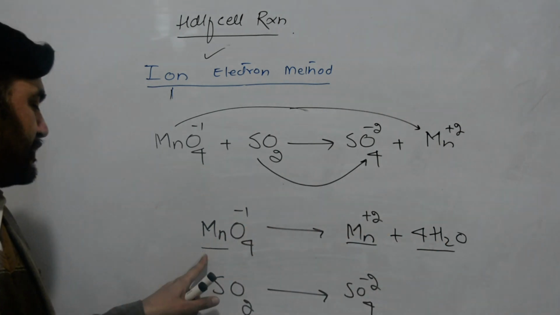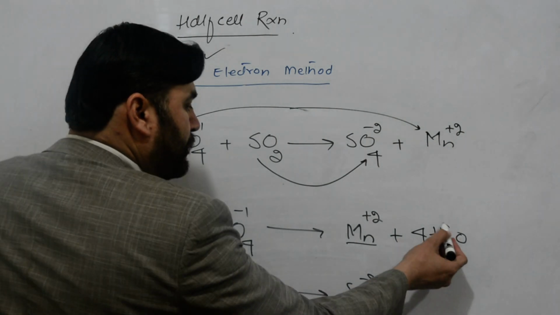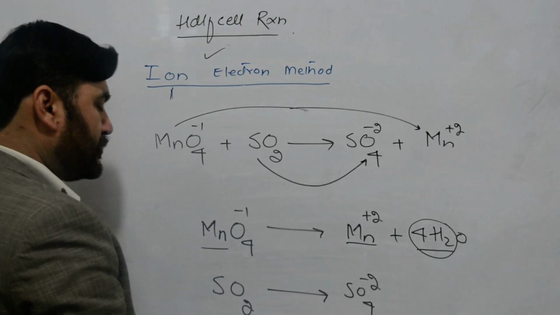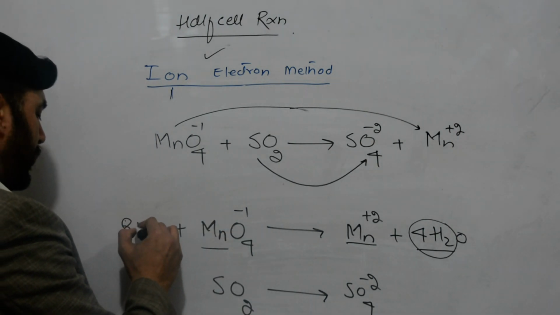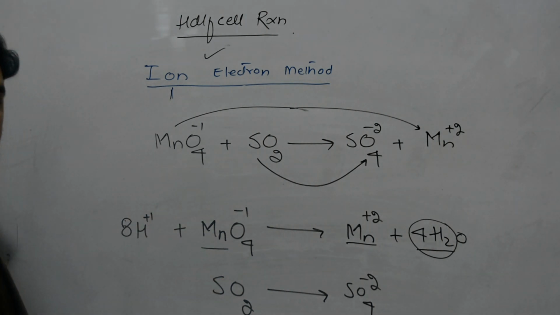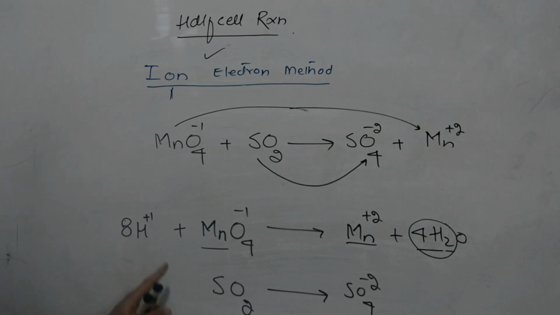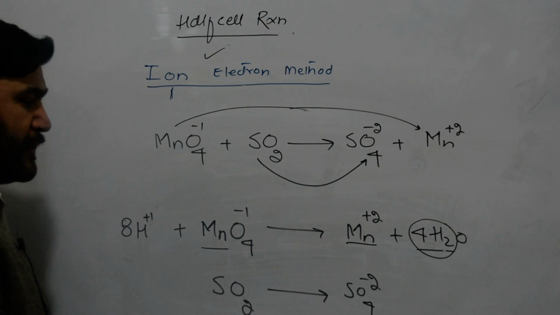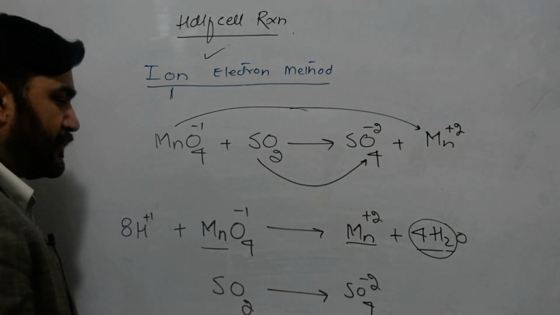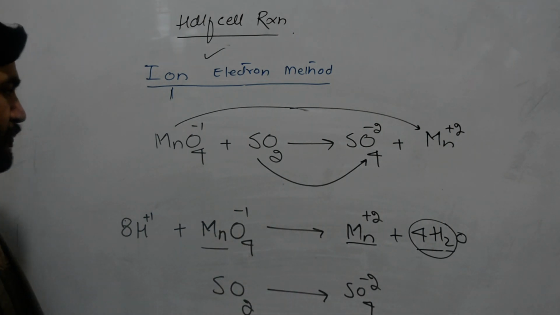Now on the left side there is no hydrogen, so we can add these 8 hydrogens on the left side in the form of hydrogen ions. Now hydrogen is balanced, oxygen is balanced, atoms are balanced. The same process will be applied on the lower part of this equation as well.